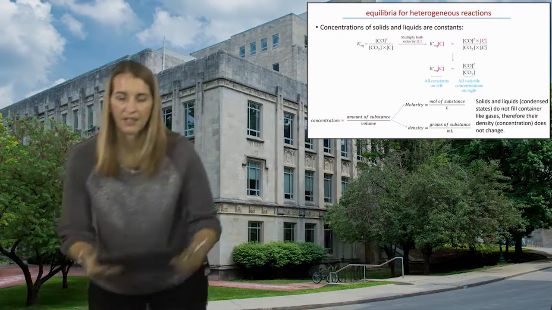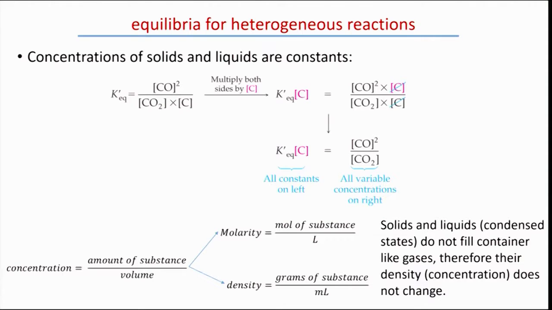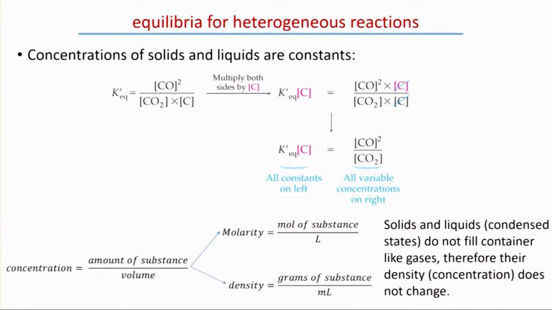So let's look at how this plays out. This would be what we would normally have written. We can say that this is a constant because the concentration of the carbon, a solid, doesn't change. So we can move this to the other side, and that's what you have in the next slide. Multiply both sides by C, and C cancels out.